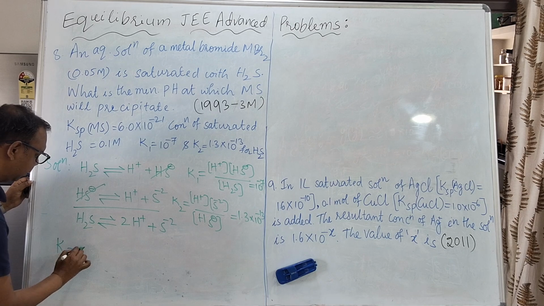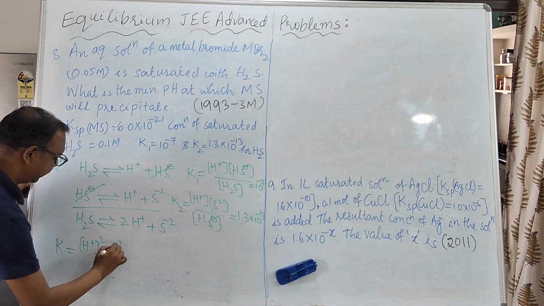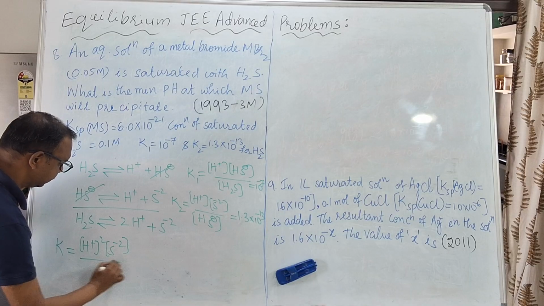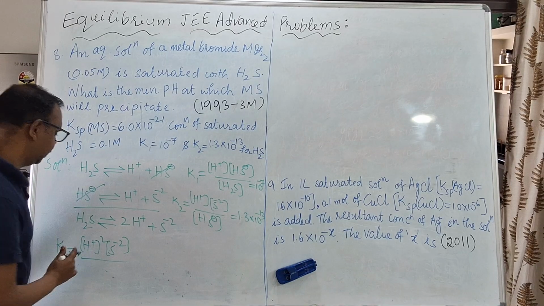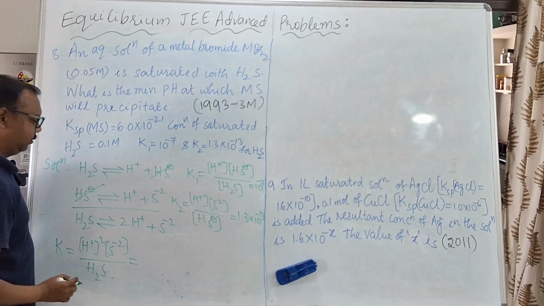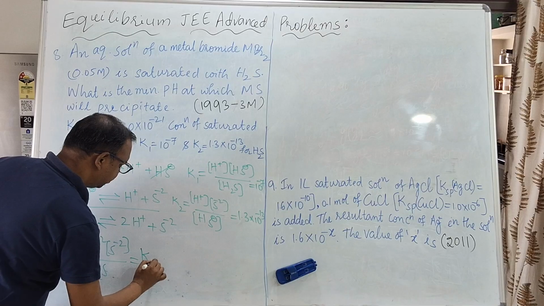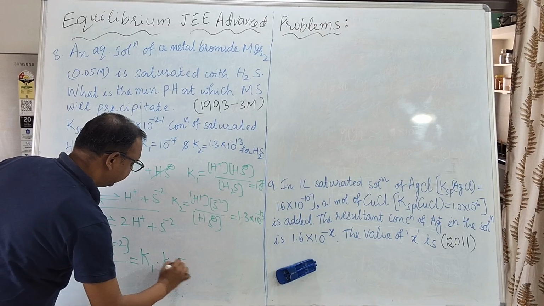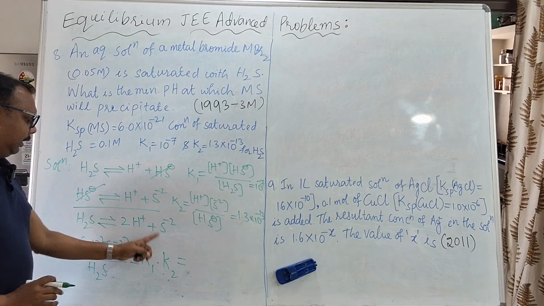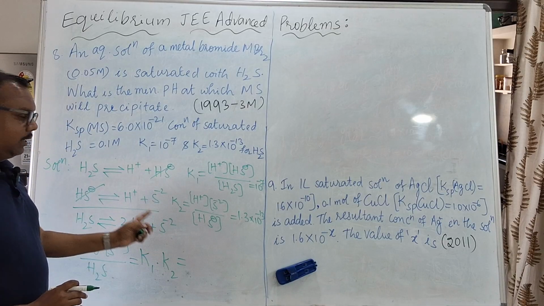K is equal to H plus square into S minus 2 concentration, divided by H2S. The square bracket indicates concentration, you know that very well. By multiplying these two, K equals K1 into K2. By adding these two equations, it is the resultant equilibrium constant.